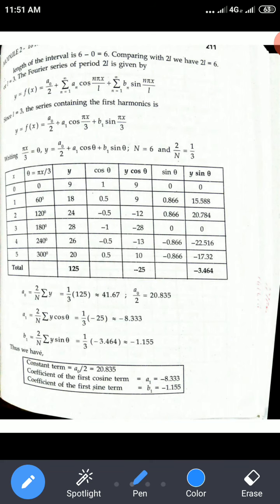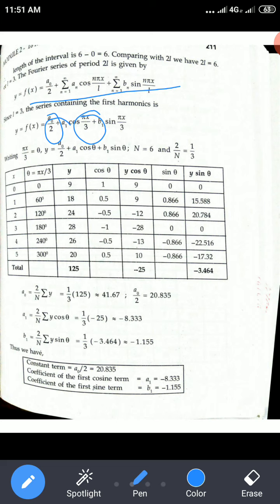So write f of x: a naught by 2 plus summation of a n cos n pi x divided by L plus b n sin n pi x divided by L. L is equal to 3, so substitute. We get a naught by 2, cos pi x divided by 3, sin pi x divided by 3.